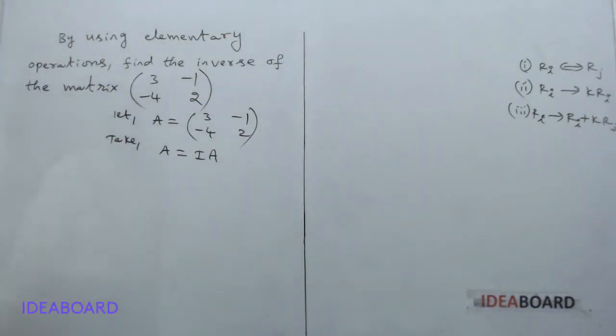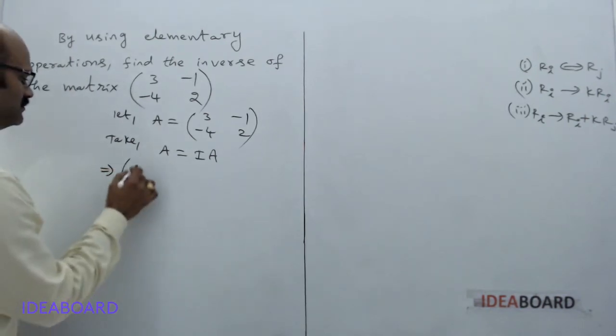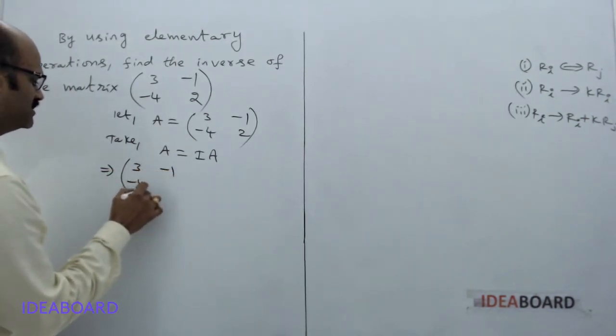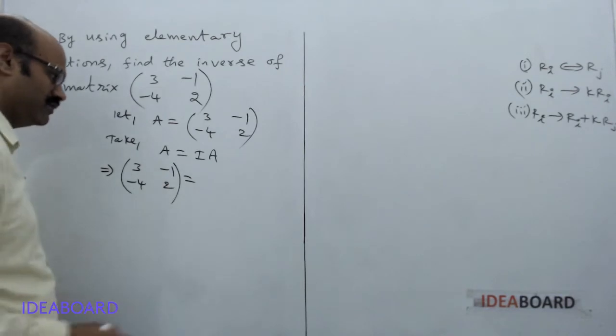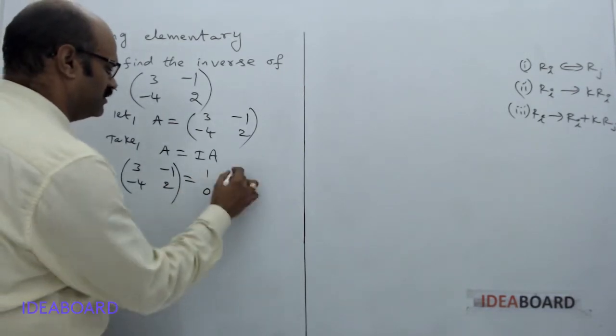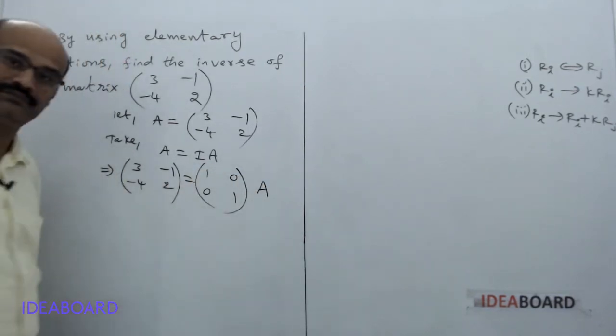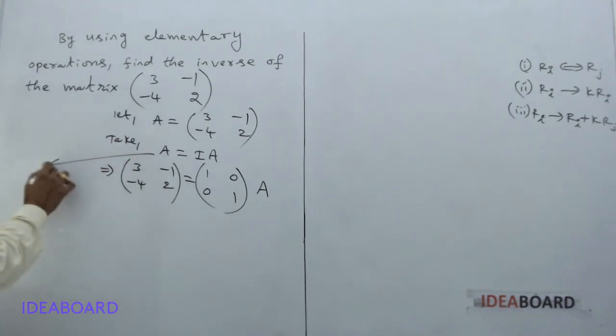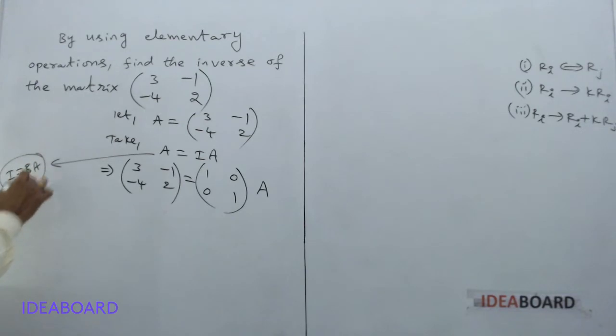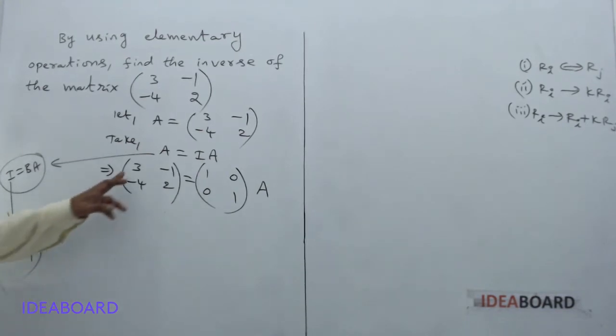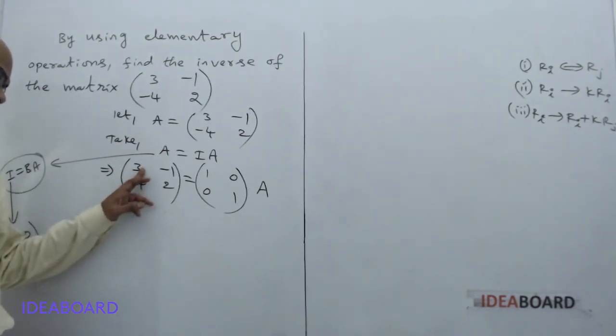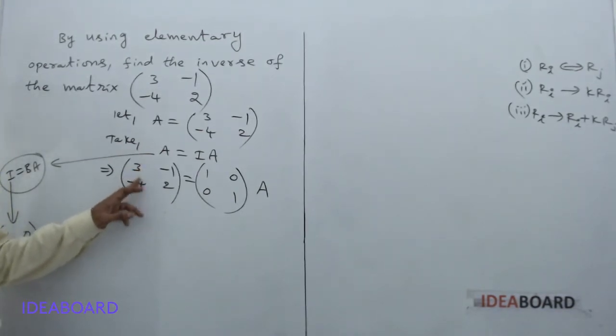Now A equal to, here we are having [3, minus 1; minus 4, 2] equal to [1, 0; 0, 1] into A. Now we should convert this one in the form of I equal to B into A. Now we know that I means [1, 0; 0, 1]. So in this place we have to get 1 here.